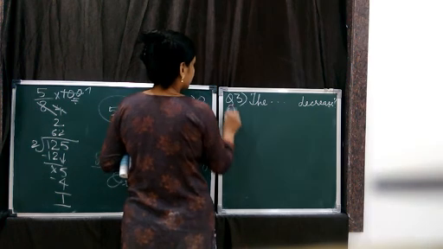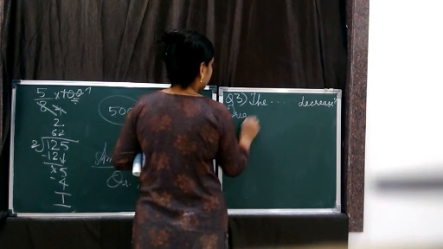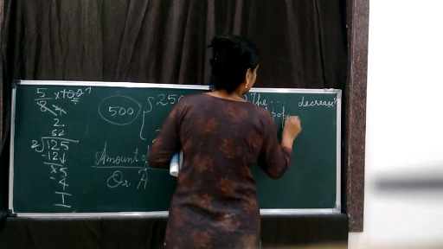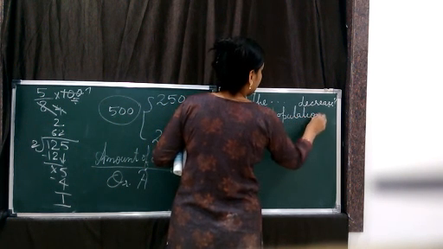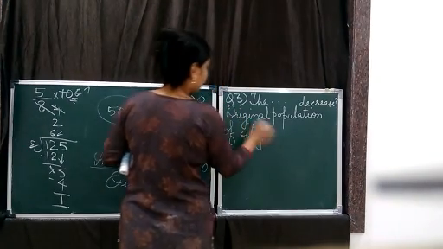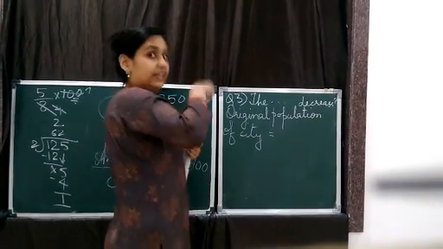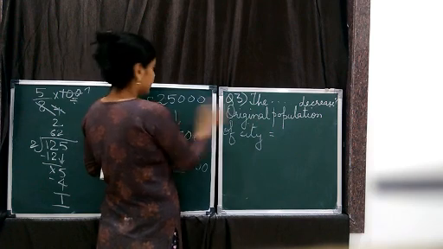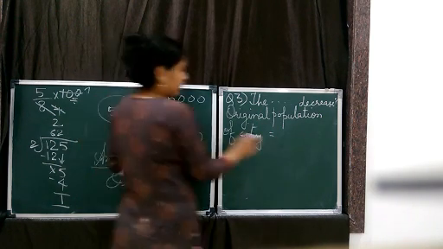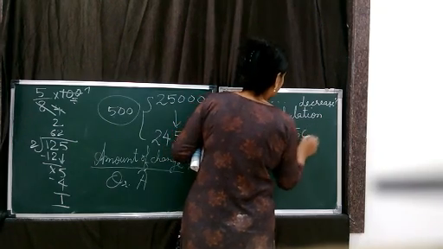So we can write original population of city. How much is the original population? Original means initial. In the beginning, how much was it? 25,000. So 25,000.